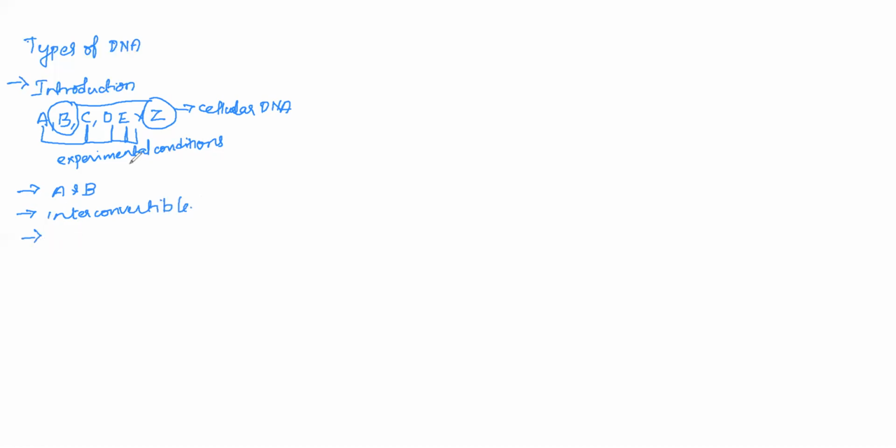And the difference between all these DNA forms lies in the number of base pairs present in each turn of the DNA helix.